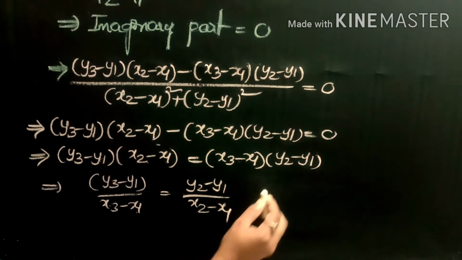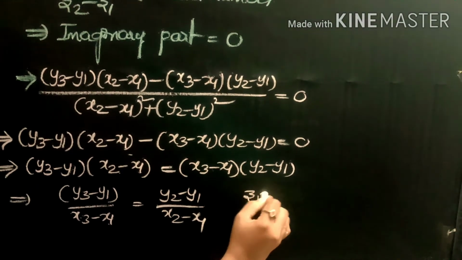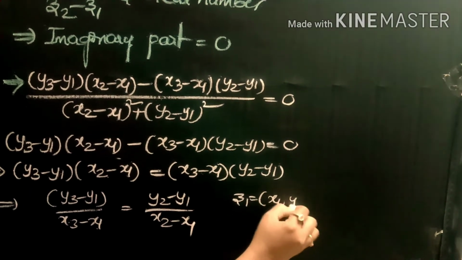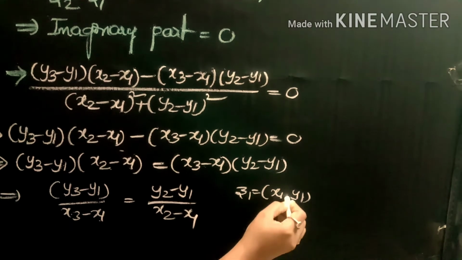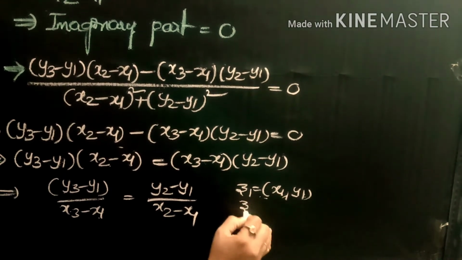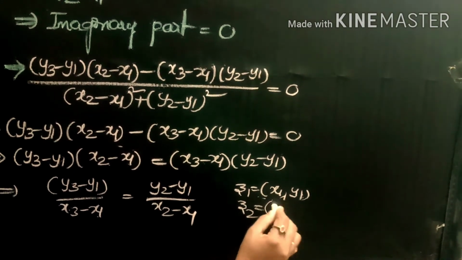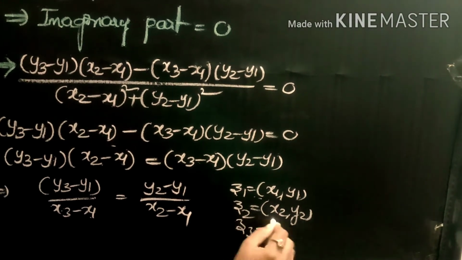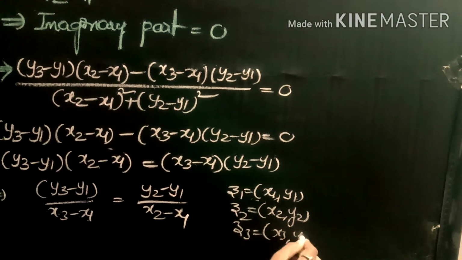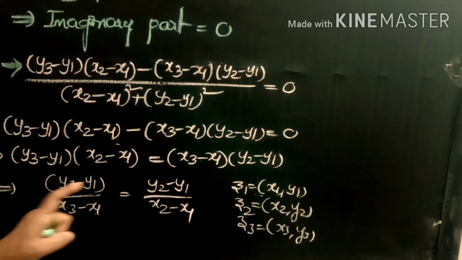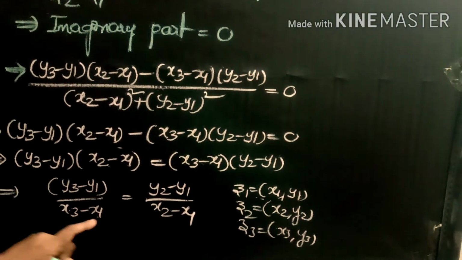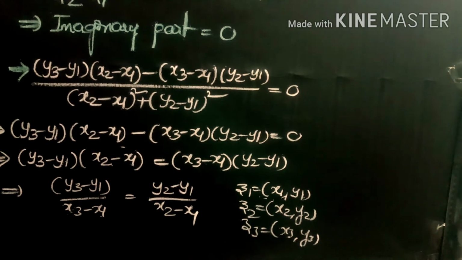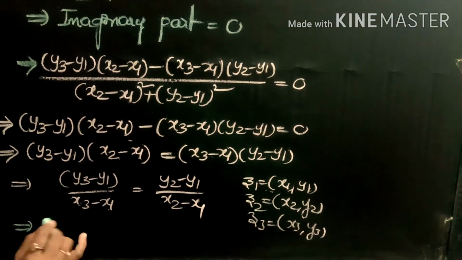So what are the z1, z2, z3 values? First, z1 is equal to (x1, y1), the first complex number x1 plus i y1. z2 is equal to (x2, y2), the second complex number, and z3 is equal to (x3, y3). So what is (y3 minus y1) by (x3 minus x1)? This is nothing but the slope of z1 z3.